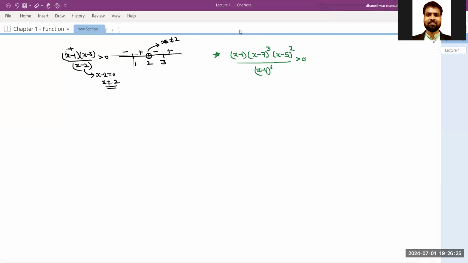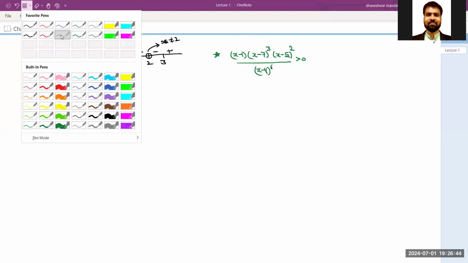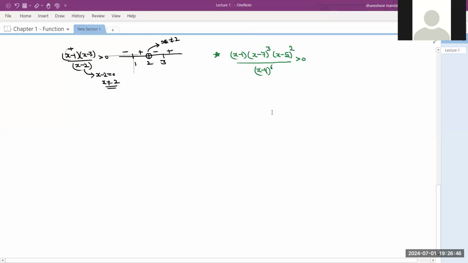Anyone? Okay, x equal to 8. See, here we have an inequality. Anyone, tell me. Minus infinity comma 1, union 7 comma infinity.